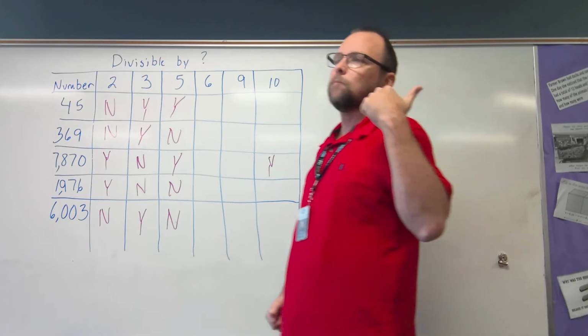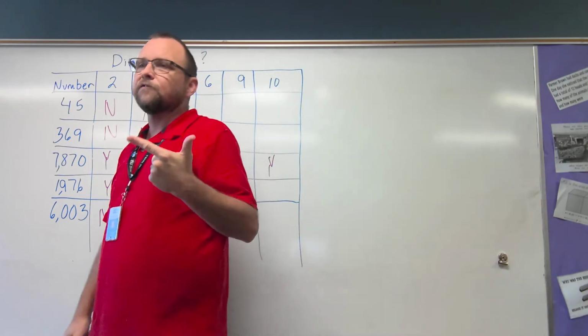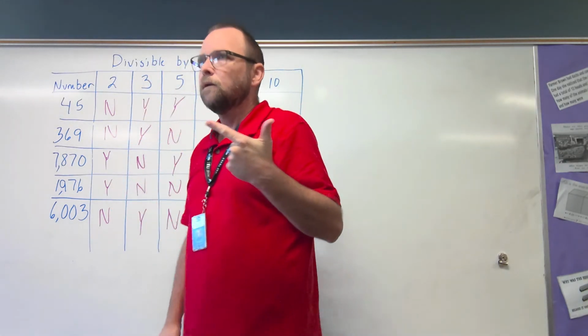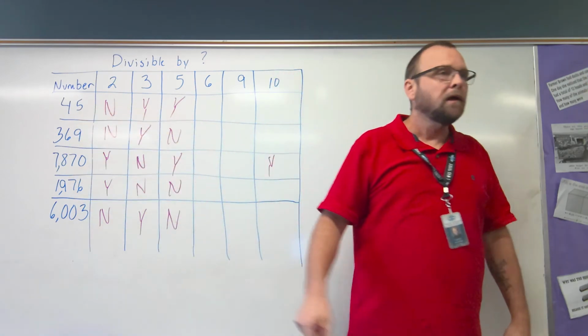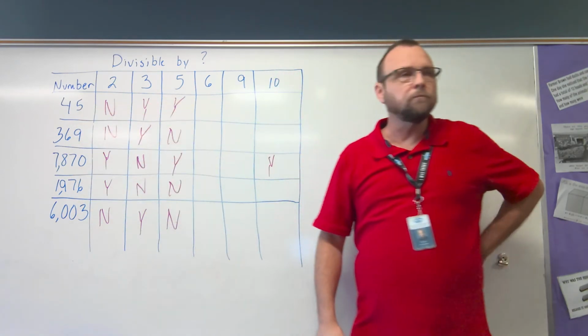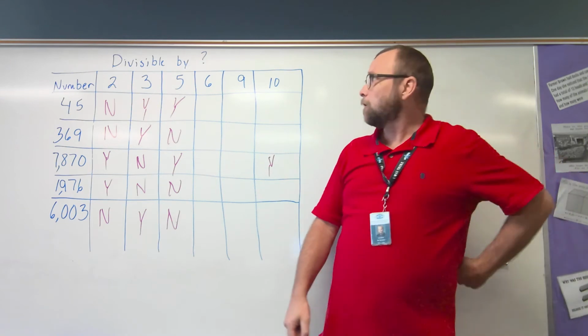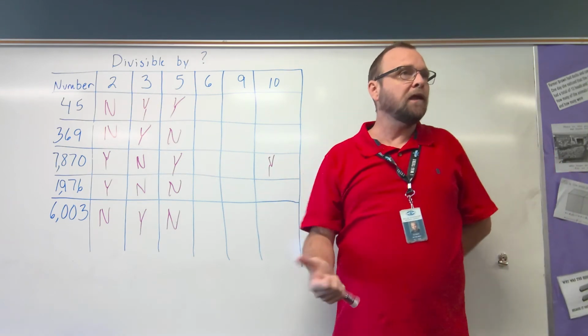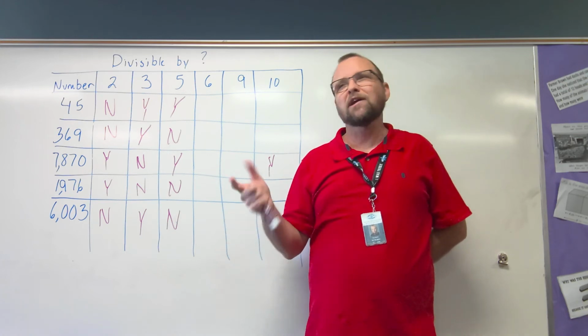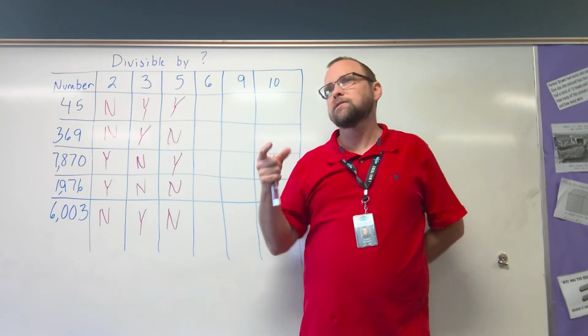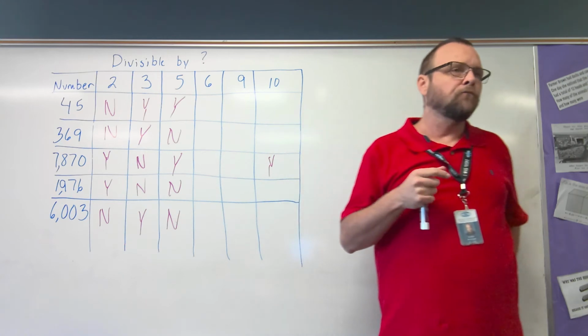Good. If the number's even and divisible by 3. So that means I have to have a yes in the 2 column, and a yes in the 3 column. So the divisibility rule for 6 is that it has to be an even number that is divisible by 3. And if you think about it, 3 times 2 equals 6. So that's a good way to think about it.